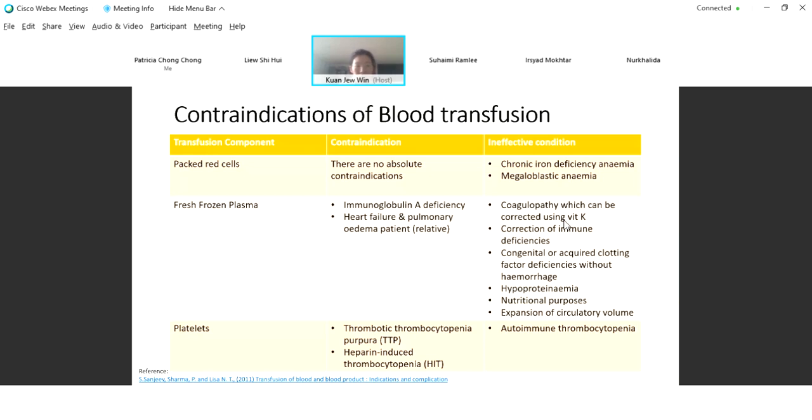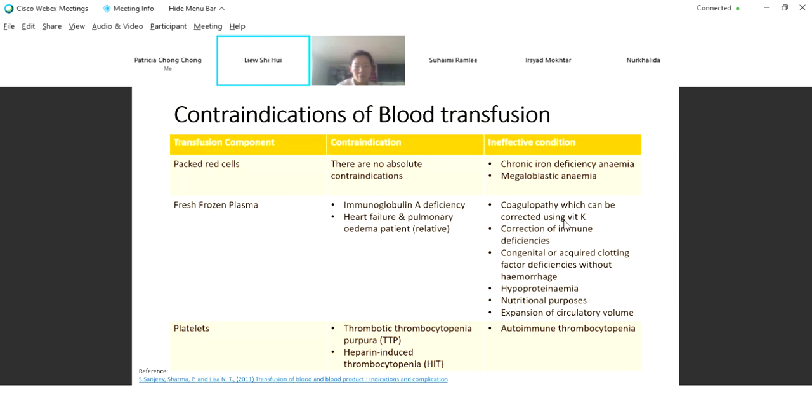So for the fresh frozen plasma, it is obtained from the whole blood through the process of centrifugation and also plasma apheresis. It is contraindicated in patients who have IgA deficiency and also have anti-IgA in their body. When they receive the blood product with IgA, they will experience an anaphylactic reaction from the transfusion itself.